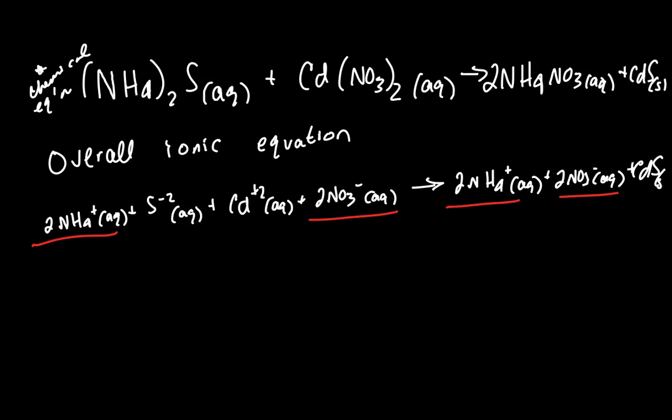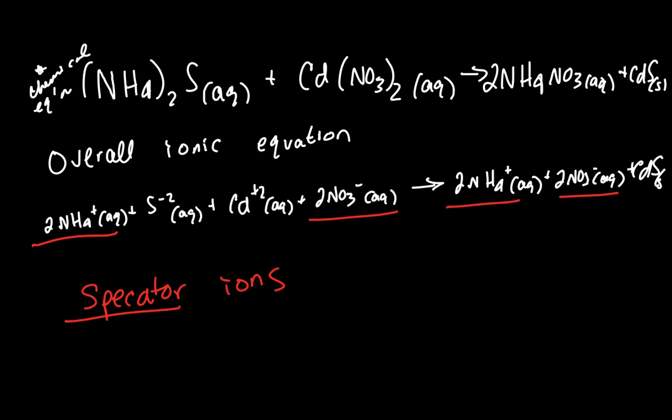They are ions as reactants and they are ions as products. They have literally done nothing as far as the reaction is concerned. We call these spectator ions. And there's a reason why we use the name spectator, because they just watch the reaction occur.